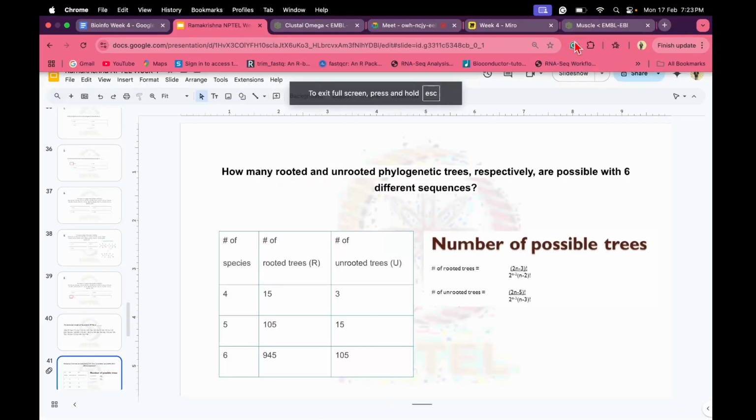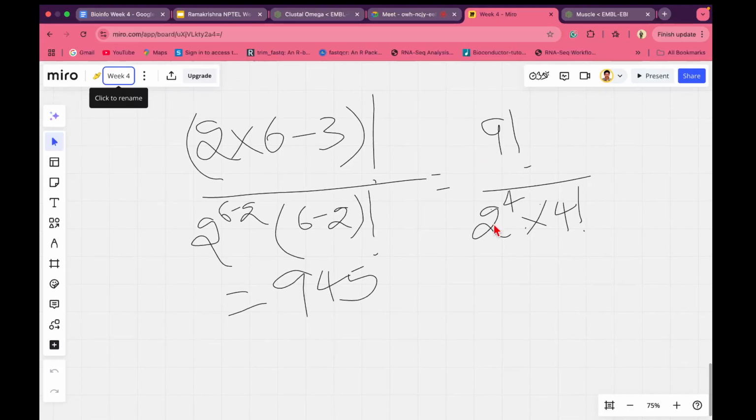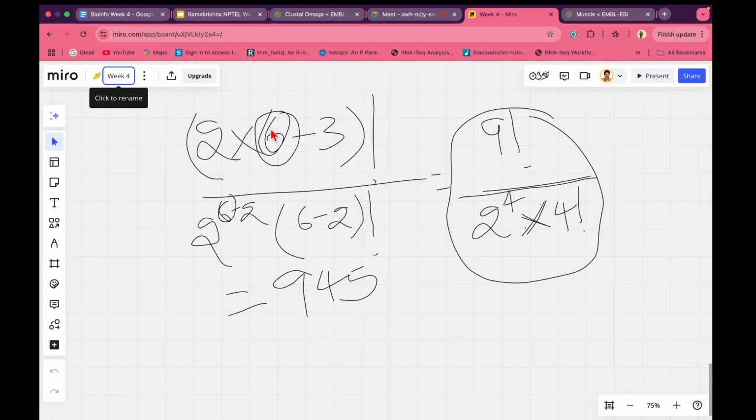This is some really big number to calculate. So I have calculated the number of rooted trees by replacing 6 here: 9 factorial divided by 2 to the power of 4 into 4 factorial, so you'll have 945 rooted trees.